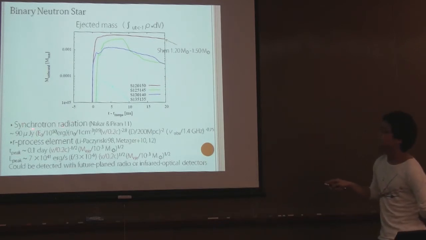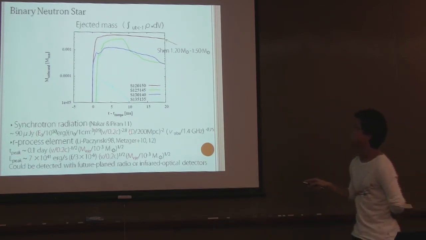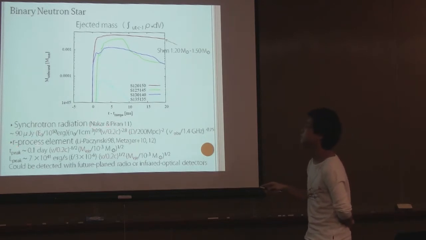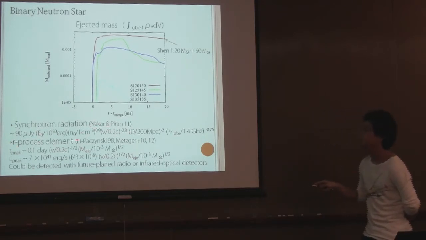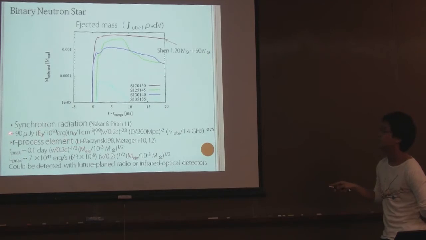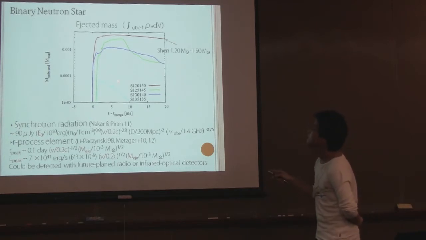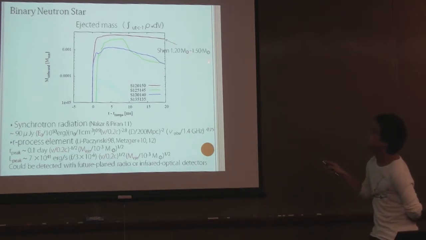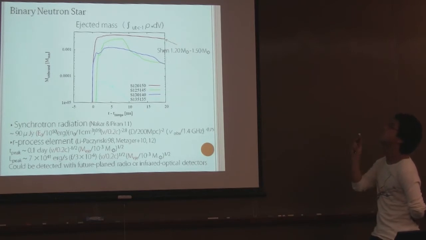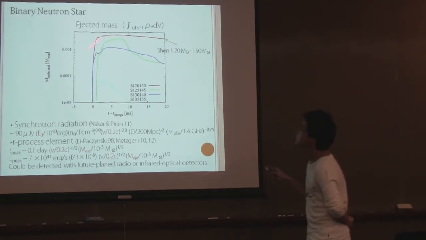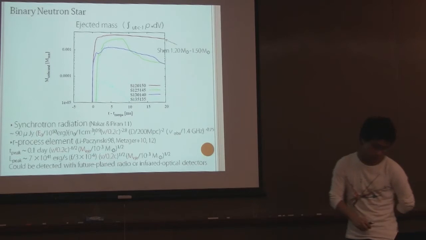Based on the synchrotron radiation scenarios and our r-process element decaying scenarios, we can estimate flux, duration, and peak velocities. So if the system has asymmetric features, these events could be detected by future programs.